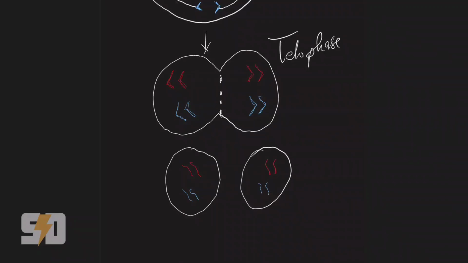So this is basically what happens in mitosis. All right, and at this point we'll still have reformation of the nuclear membrane. The nuclear membrane will reform, and that's it, the daughter cells.